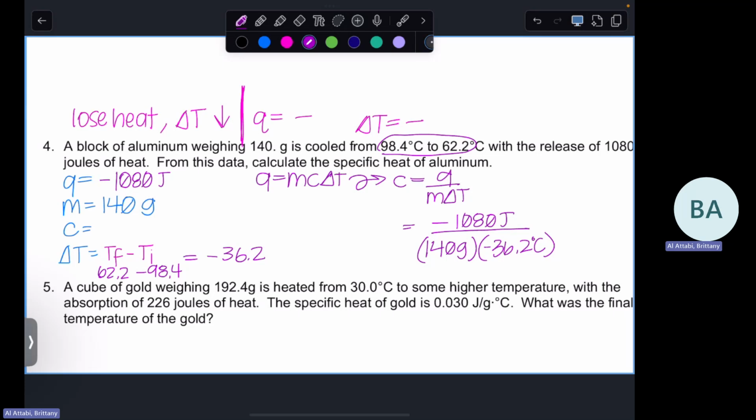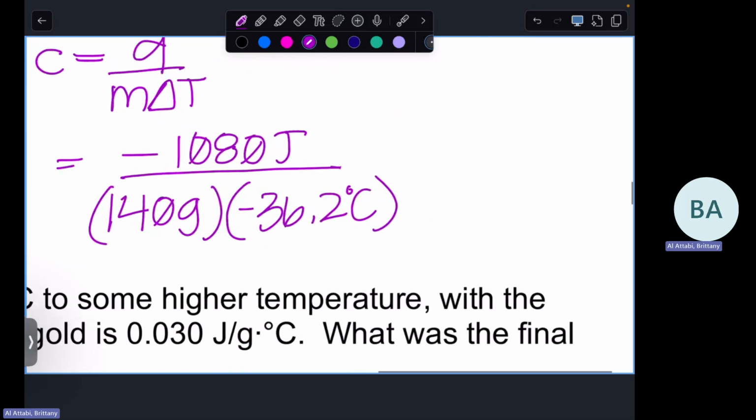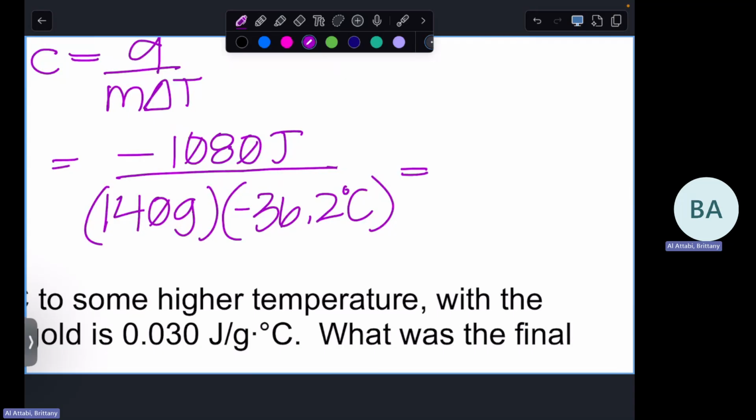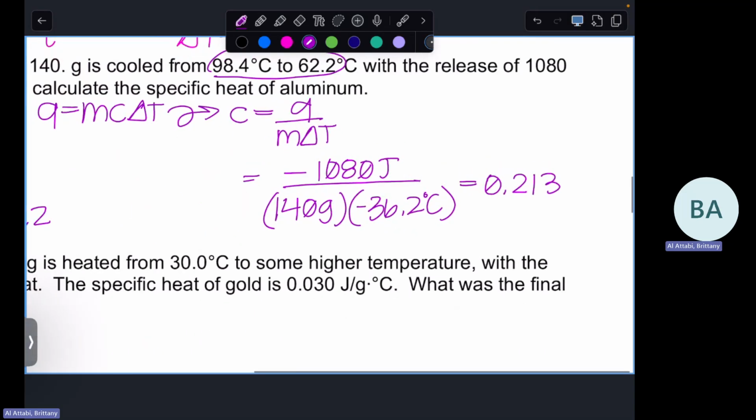So normal. Okay. So if I do this math, I'm going to get a positive number, which is what I want. Your C is going to be positive. So I get 0.213 joules per gram degree Celsius.